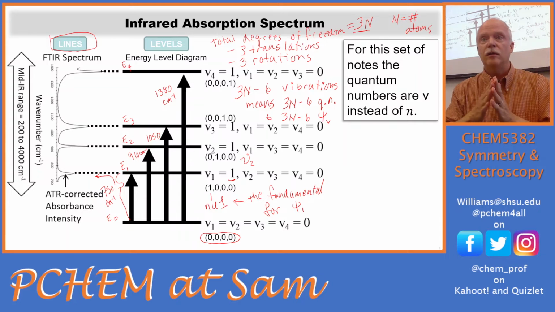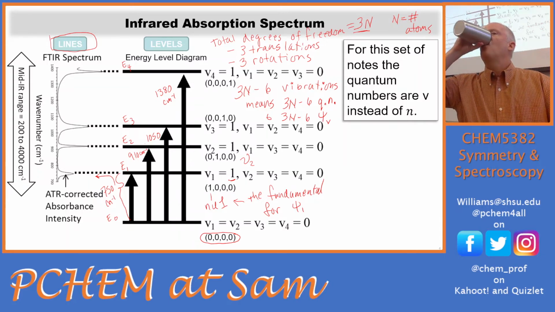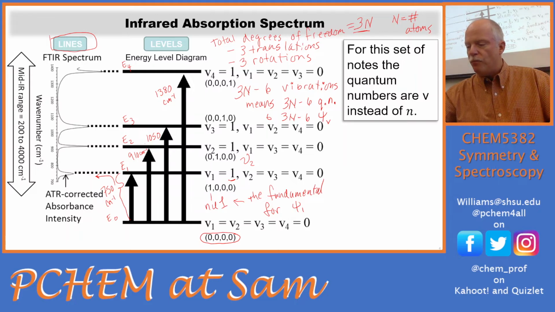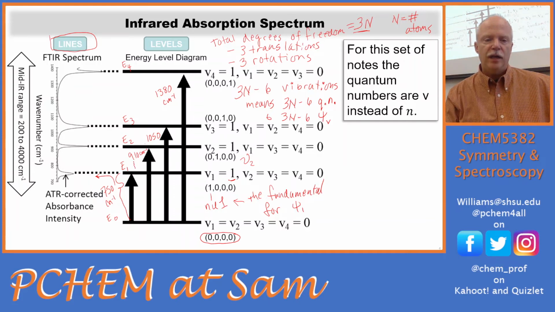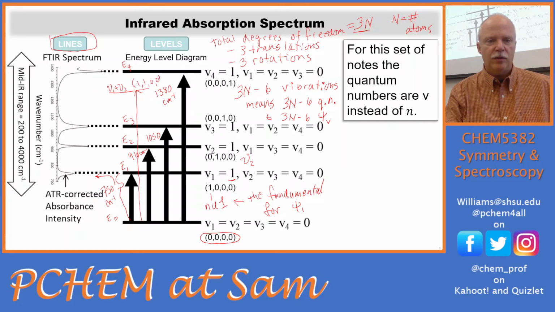Now, you wouldn't get any of these added together to form a peak. Well, you could. That's kind of what I was thinking of doing. If we did, say, go up to a level right here that happened to be nu 1 plus nu 2, this level would be labeled 1, 1, 0, 0.